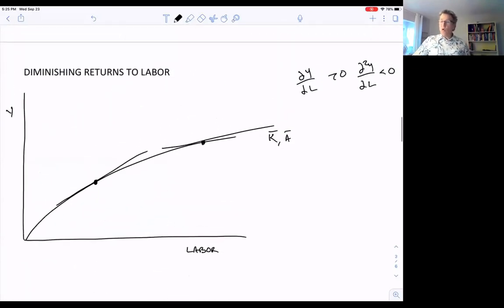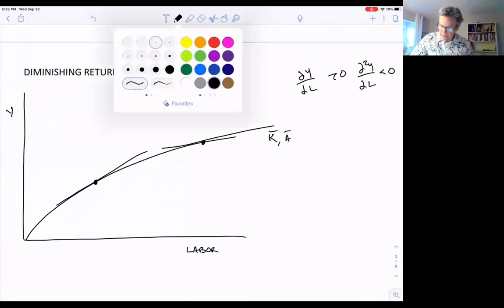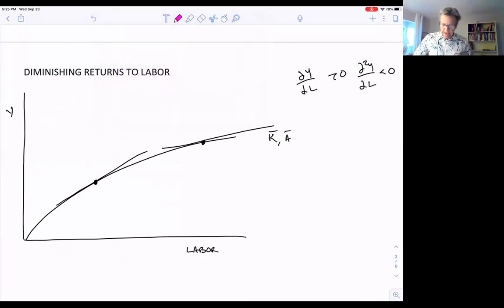And if we add more capital or total factor productivity, we can see what's going to happen. Just like in capital, we'll say we add some fixed amount of capital that's higher. We'll call this K2, where K2 is greater than K1.